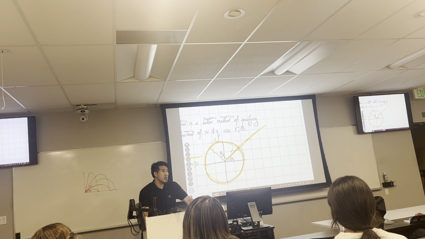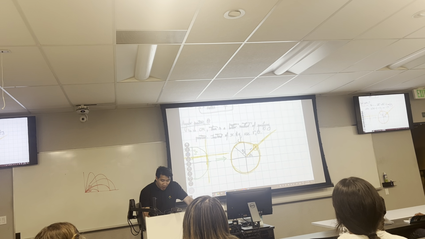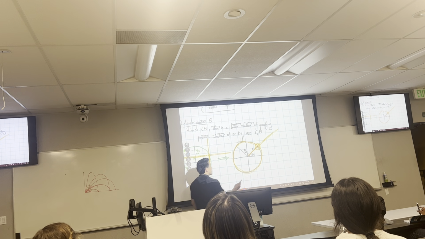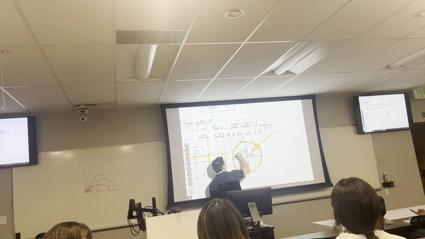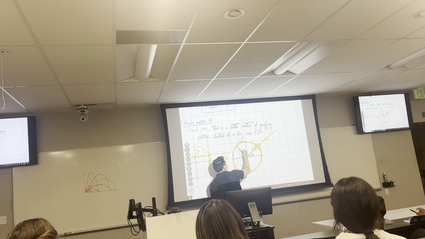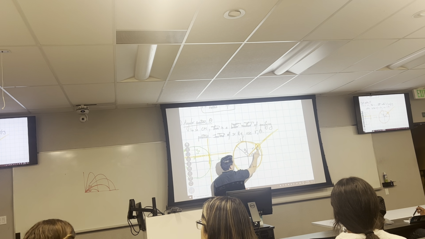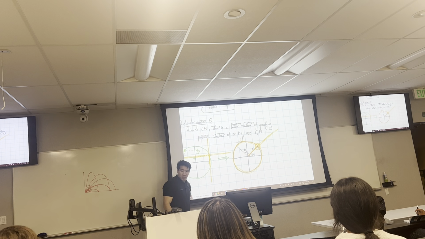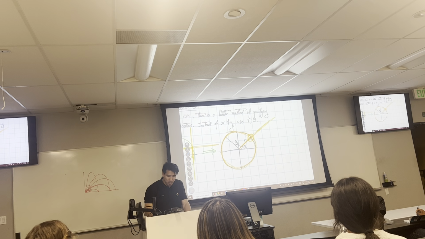And where do they intersect? At this point right here. So when you specify a theta, you're specifying some angle like this, where everything along that line will be considered. When you specify the radius, you're specifying a circle. And the intersection of the two ends up being our point.